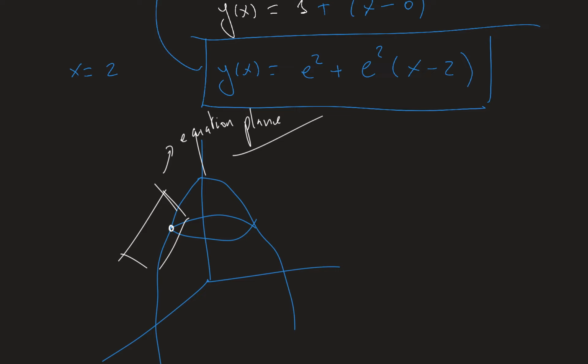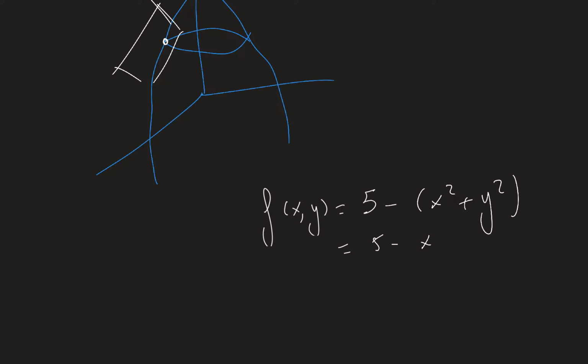So given f of xy equal, I think you wrote 5 minus x squared plus y squared, or maybe you wrote it like this, 5 minus x squared minus y squared. That is the same.